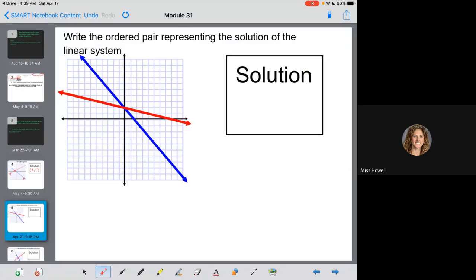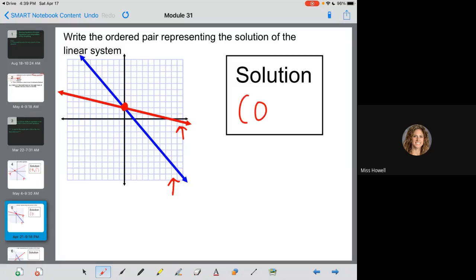If we had this particular system of linear equations, we're looking for the point that works on both the blue line and the red line, which is right here. It just happens to be the y-intercept of both lines. So the point that satisfies both equations, which is the solution to the entire system, is the point up 2.